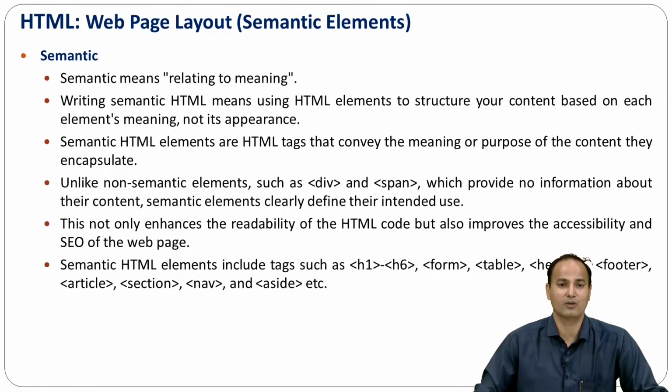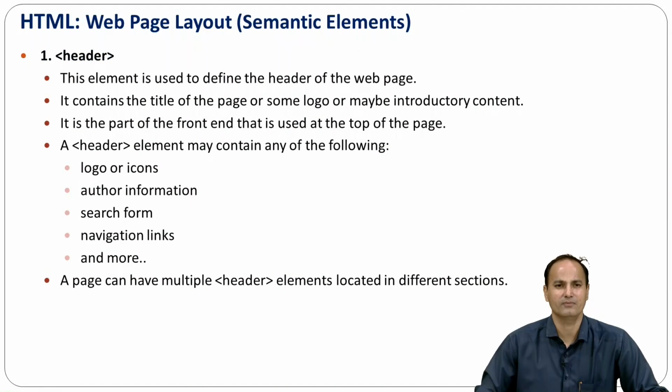This not only enhances the readability of the HTML code but also improves the accessibility and SEO of the web page. Semantic HTML elements include tags such as H1 to H6, which are the various headings, then form, table, list, and the latest ones in HTML5 like header, footer, nav, aside, etc. Let's have a look at the first one, that is header.